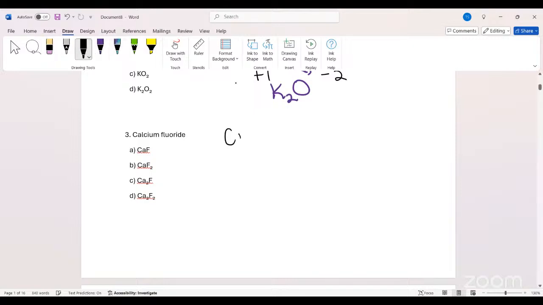Now, again, calcium has a positive 2 charge on the periodic table. Fluorine has a negative 1 charge. When they come together, the name becomes calcium fluoride. Calcium is going to take the 1. The 1 is understood, so when we're writing the formulas, we don't write the 1 in.